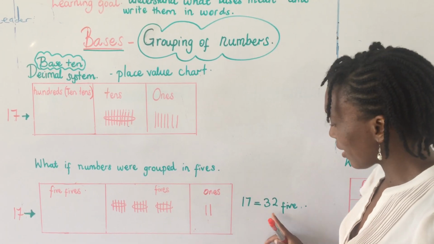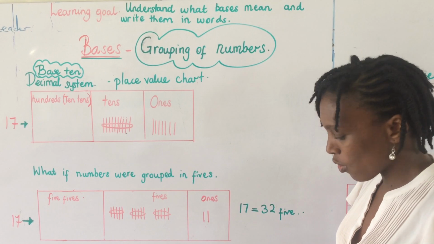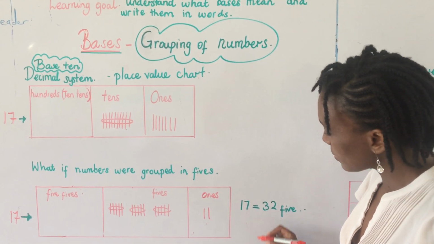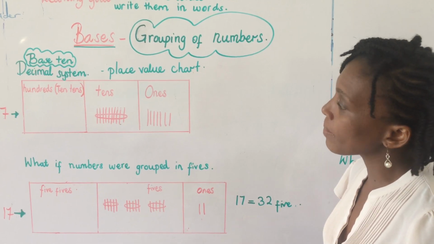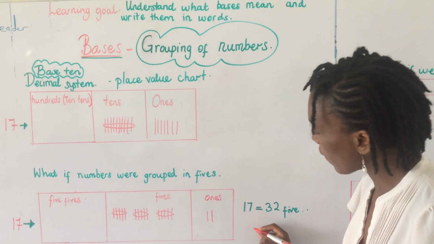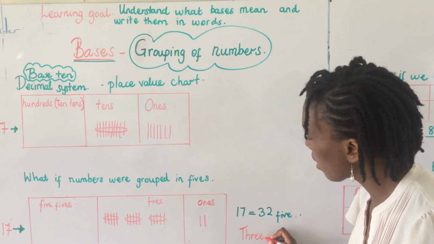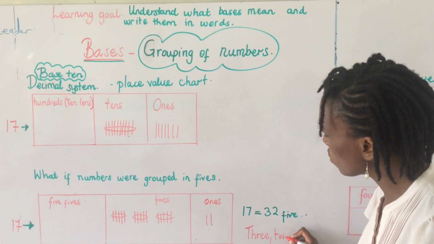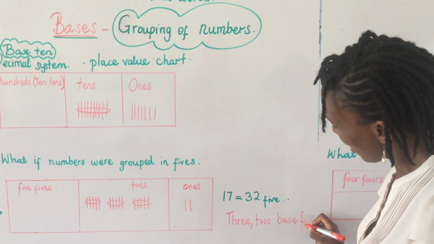Don't make the mistake of saying 32 base 5. No. When we're doing these other base systems, we will write it as 3, 2, base 5.